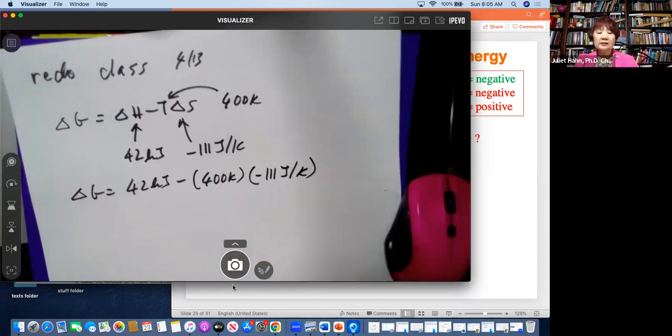Now, a hint I have about how you should generally try to do an equation on a test. The way I grade your tests, I give you partial credit for setting up the equation correctly.